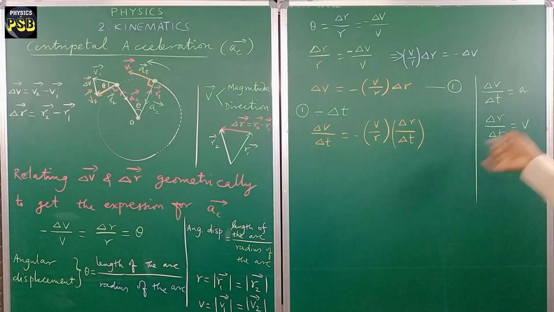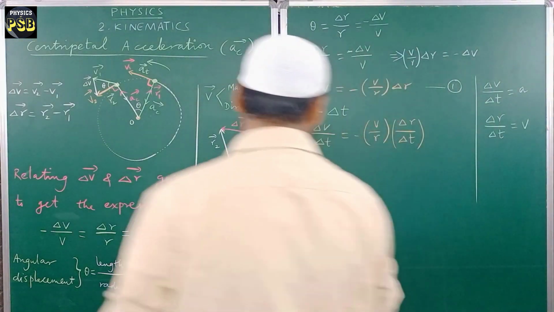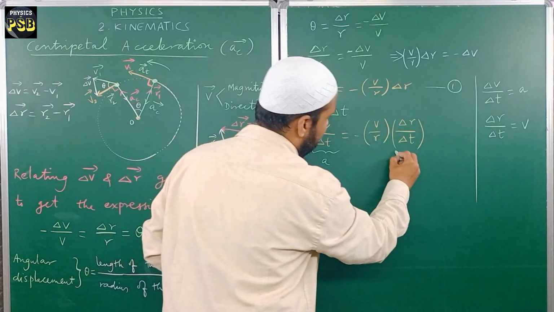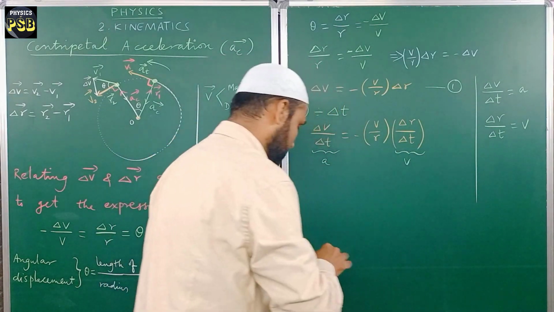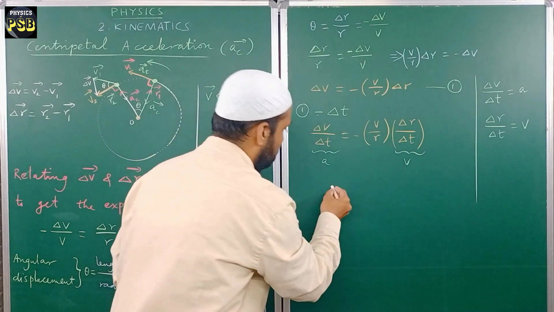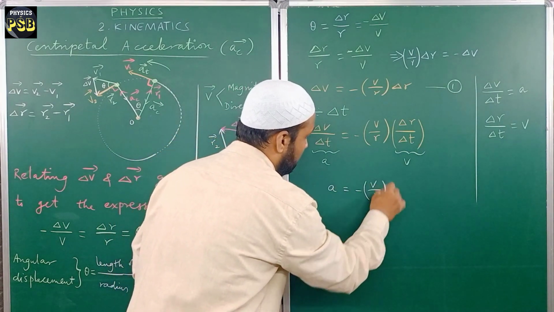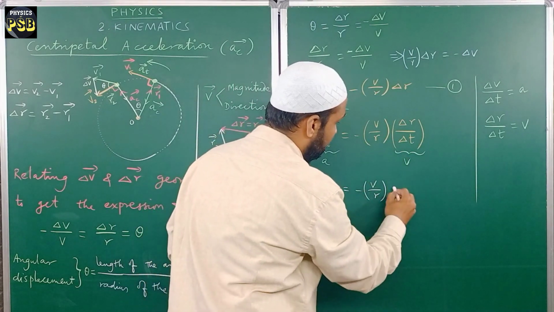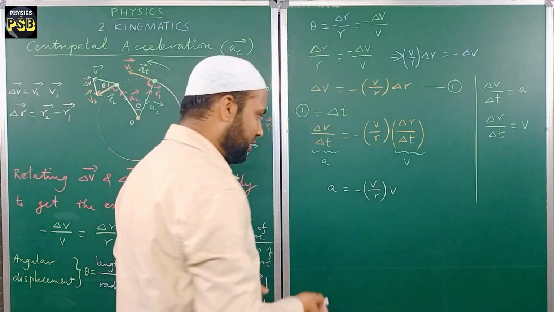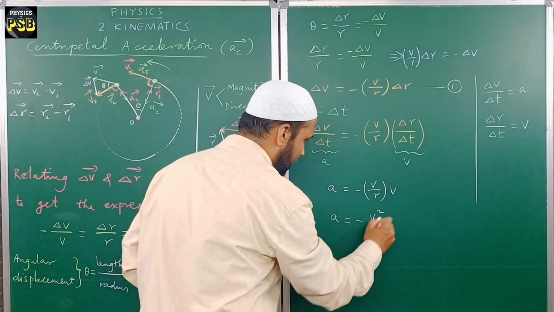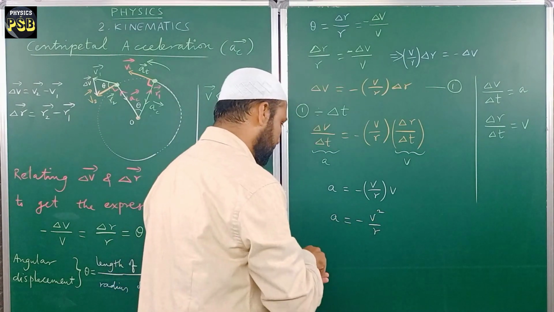This I am going to use here. In the place of this I will write a, and in the place of this I will write v. Got it? So a equals minus v upon r, that is multiplied with v. So what do I get here? At the end it is nothing but this: a equals minus v square upon r.